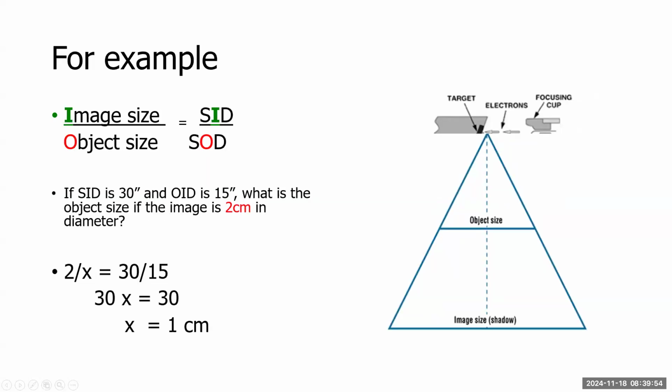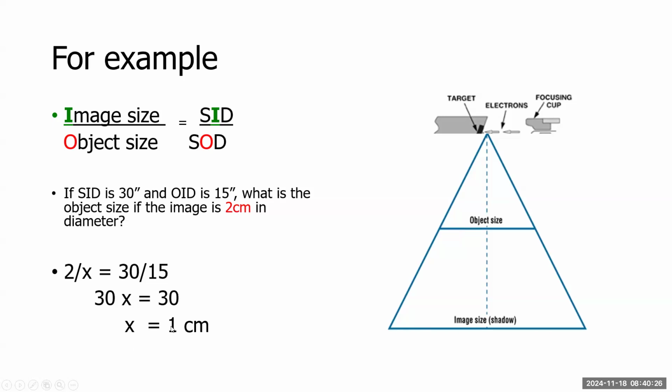We're asking for the object size, so object size is our unknown. That's what we're looking for. Our SID is 30, we can put that in. Our SOD is 15. And our image size is 2 centimeters. When we plug all that into our formula, we get that our object size is actually 1 centimeter.